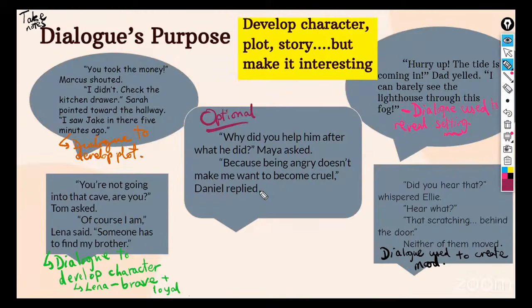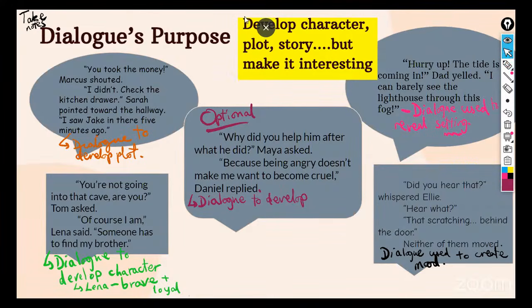What is this bit of dialogue doing? The chat is open, you could tell me. What is this piece of dialogue doing? Being angry doesn't mean having to be cruel.